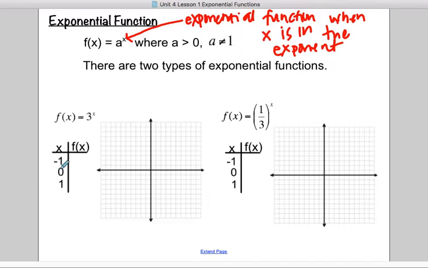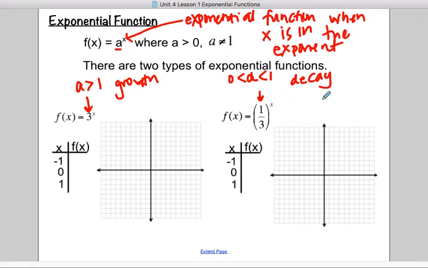So exponentials, if this number, 3, is bigger than 1, whatever this number is, usually we refer to it as A, sometimes it'll be B, but if the number being taken to the power of x is greater than 1, it is going to be a growth function. So as you look at it from left to right, it should go up. If this number here is in between 0 and 1, it's actually going to be a decay function.